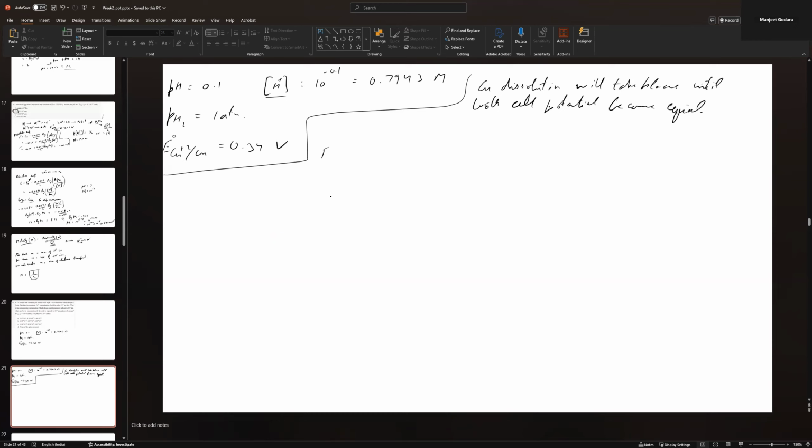So E cell for Cu equals E cell for hydrogen.